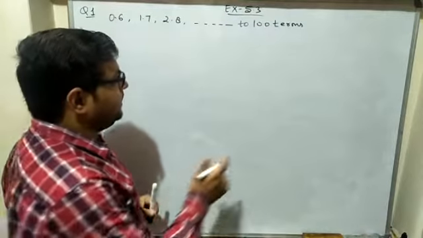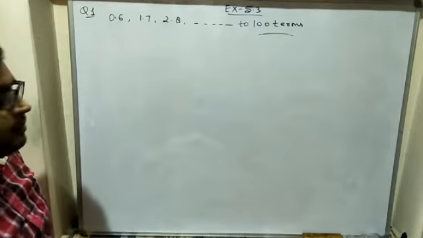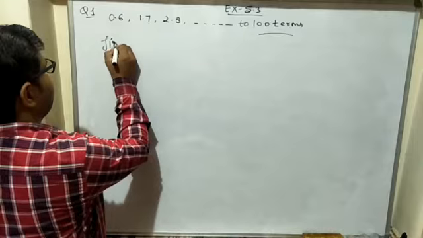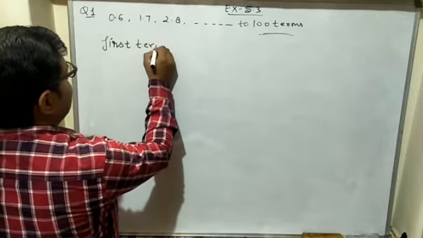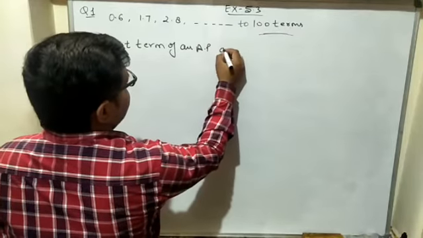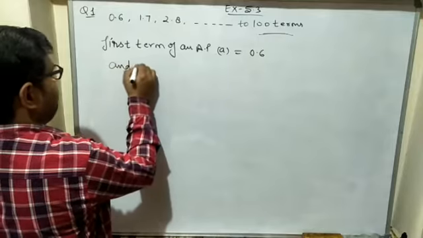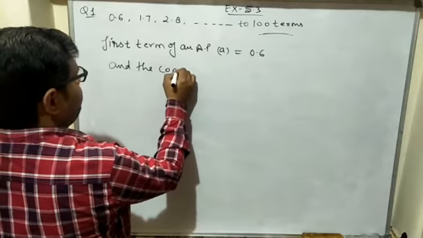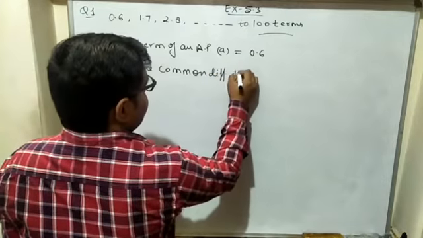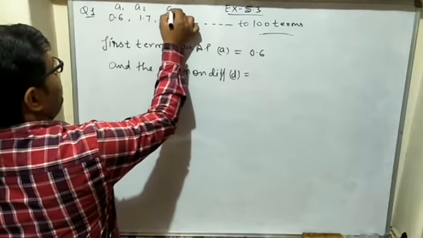It means we have been given the value of n. So we write down the first term of the AP, that is a equal to 0.6, and the common difference d.